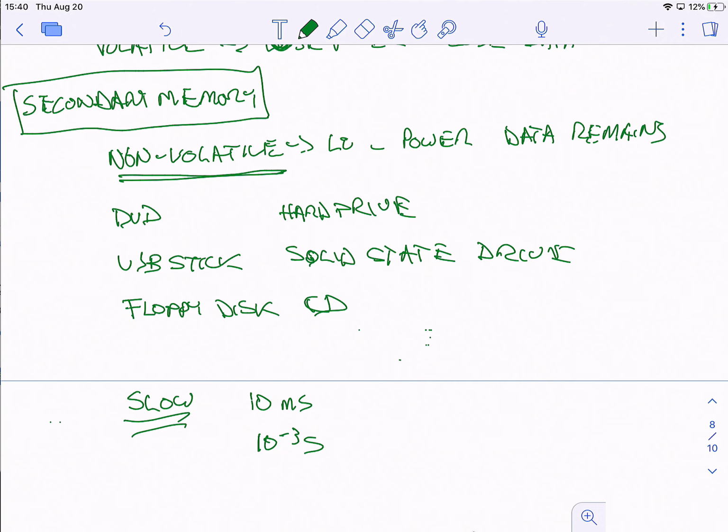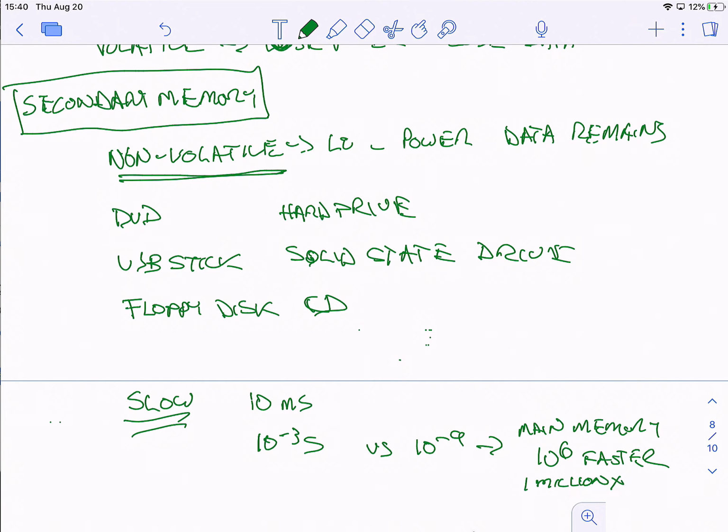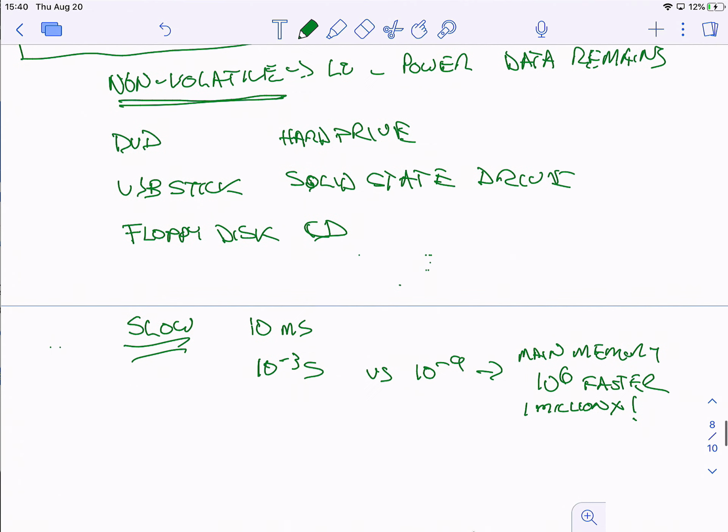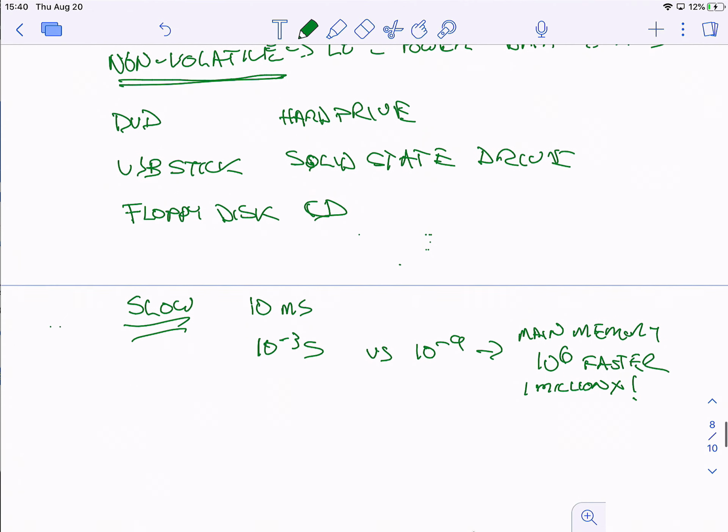So if you compare 10 to the minus 3 versus 10 to the minus 9, main memory is 10 to the 6th times faster, or 1 million times faster.